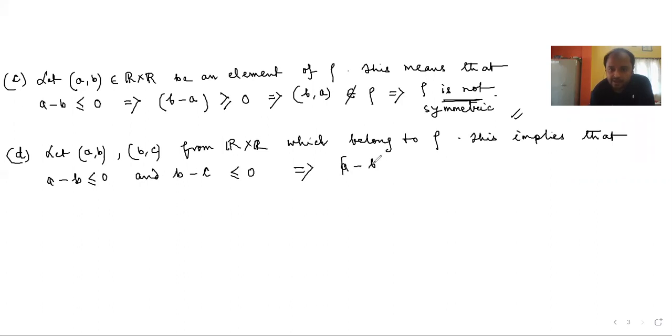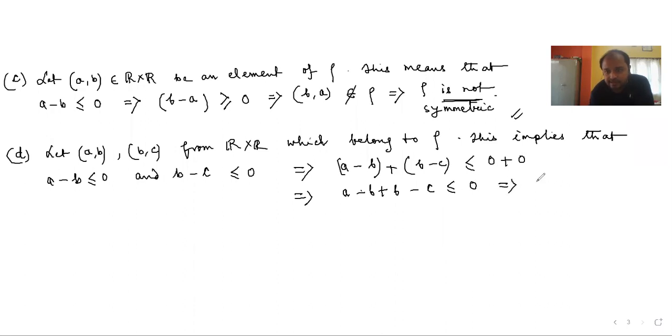A minus B plus B minus C is less than or equal to 0 plus 0. This implies A minus C is less than or equal to 0, because B minus B is equal to 0.